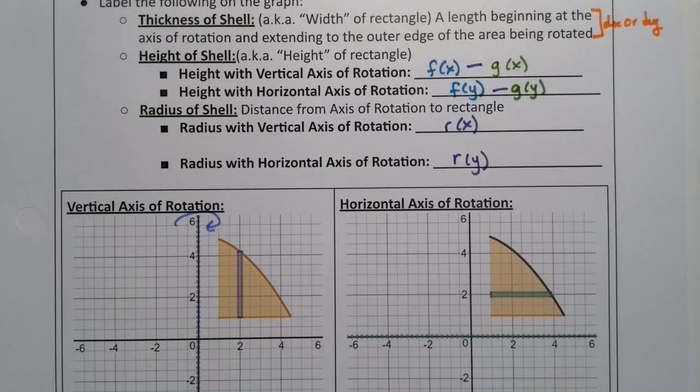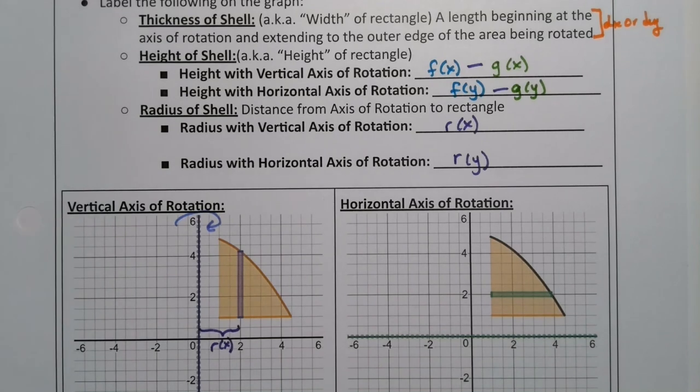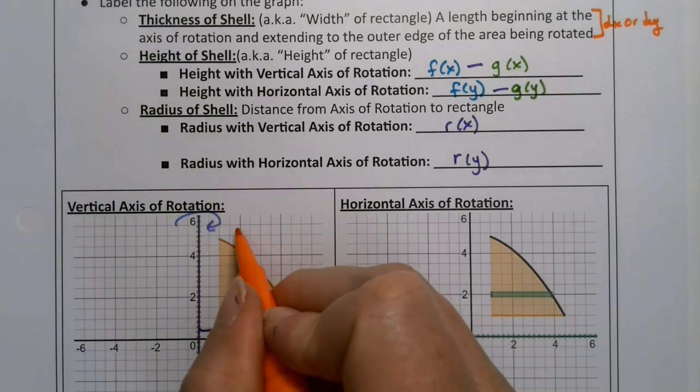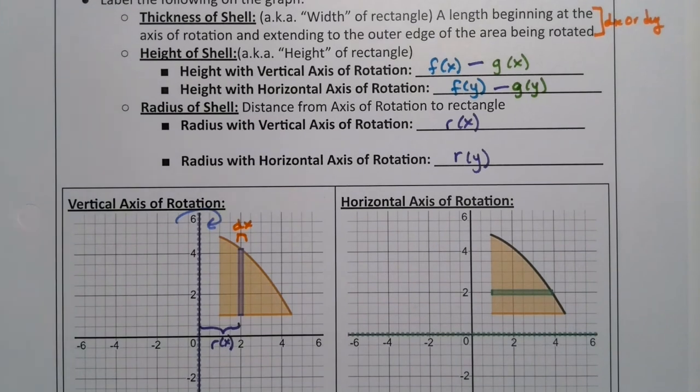Okay, now this distance from here to here is r of x. It's your radius. The thickness of your rectangle is dx. And then this big distance, right? You want to think about how high up this is.